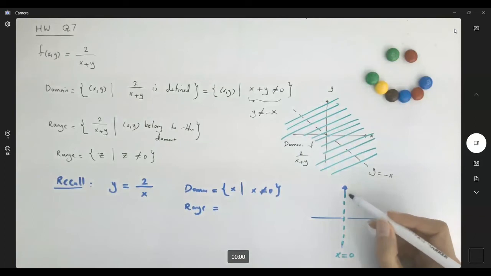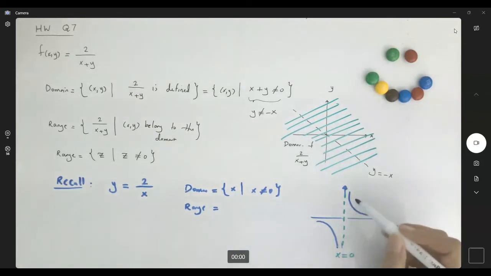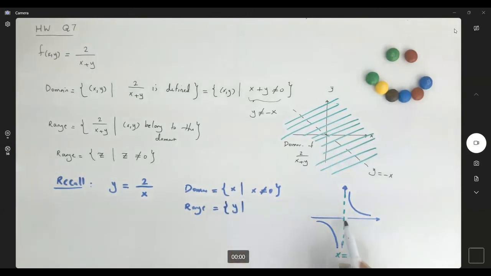Then your graph has 2 pieces. So as you can see, the output values are the set of all y values such that your y value can never be 0.